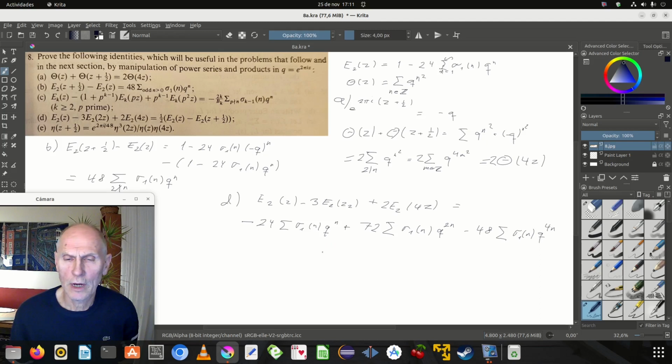This is a surprise. So the sum of the divisors giving different powers, we have to compare the powers of distinct n, the sum of the divisors of distinct n.